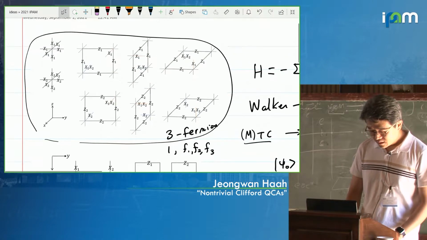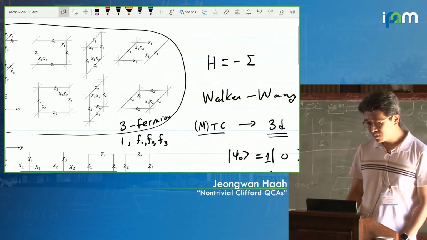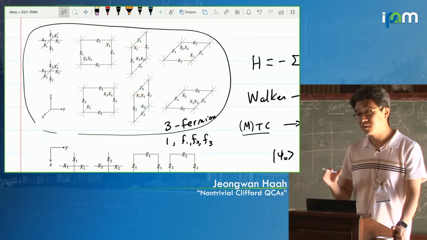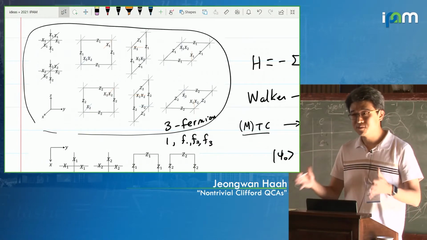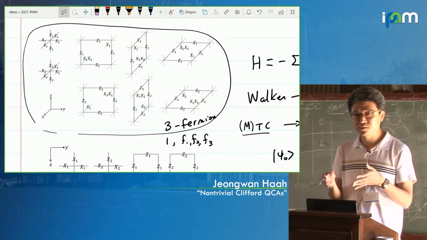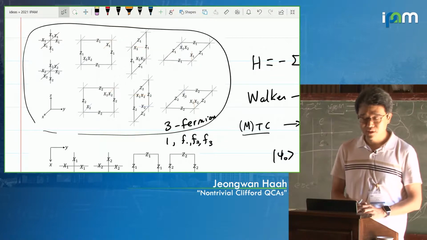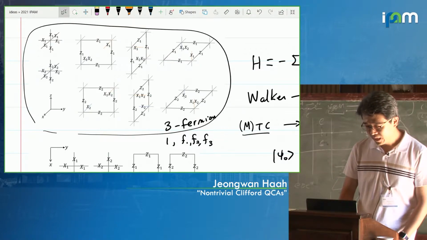And this construction does not really follow the Walker Wang original prescription, but if you interpret the spirit that the ground state should be the superposition of configurations with amplitude corresponding to the correct quantum amplitude, then this gives a correct bulk Hamiltonian.